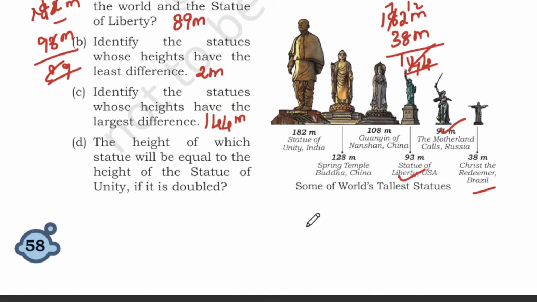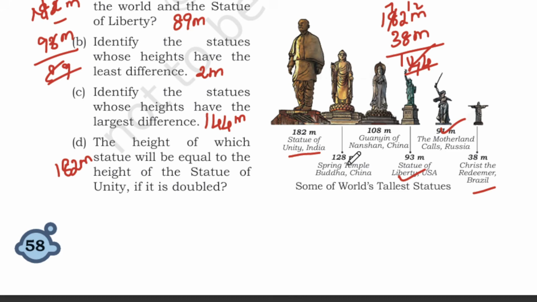Okay. Next, the height of which statue will be equal to the height of the Statue of Unity if it is doubled? The height of the Statue of Unity is 182 meters. So which one, if we double it, will we get this one?